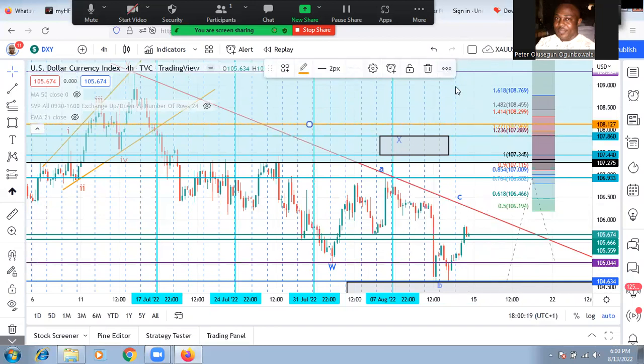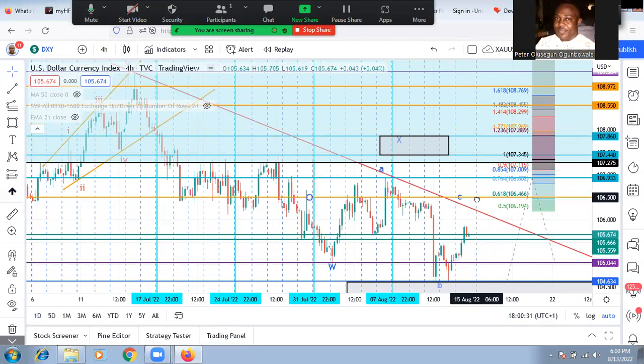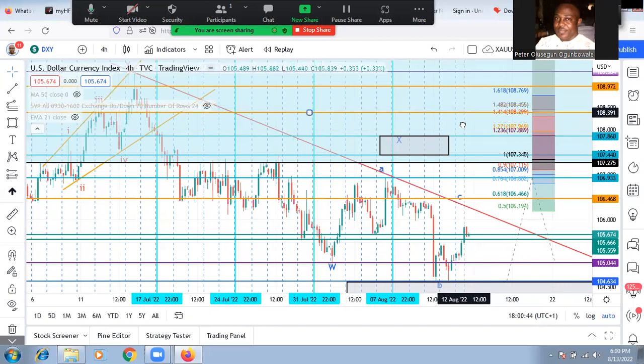So we want to see where a running flat for C would most likely be, 3 levels now. The first level is at 61.8, which is here. That might be the end of that running flat before we see more downside, a down move. Or it might get to a 100, which is still at the edge here.